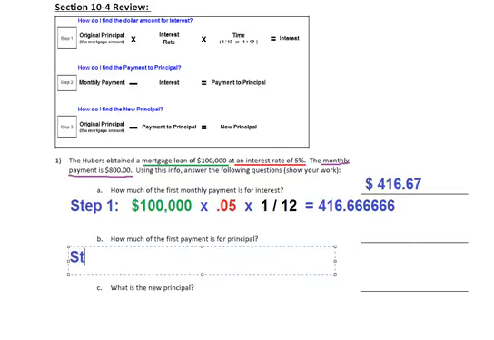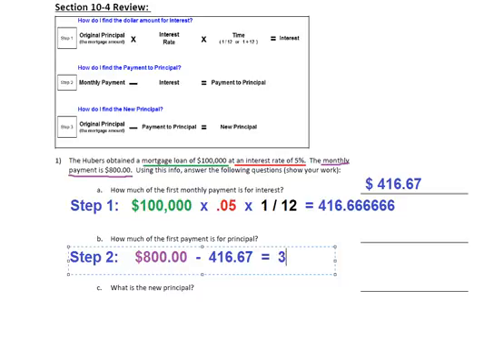Well, now we can go to step 2. What is our monthly payment? Well, our monthly payment was $800. And what we're going to do is subtract the 416.67 that we just found for letter A. So 800 minus 416.67.